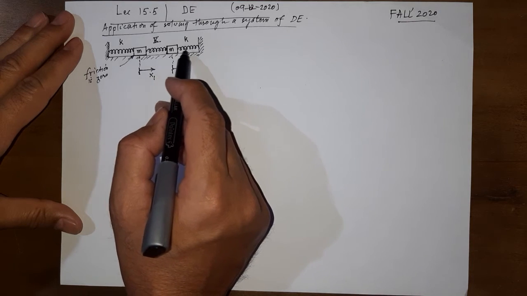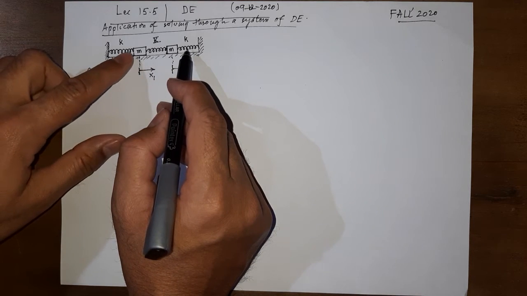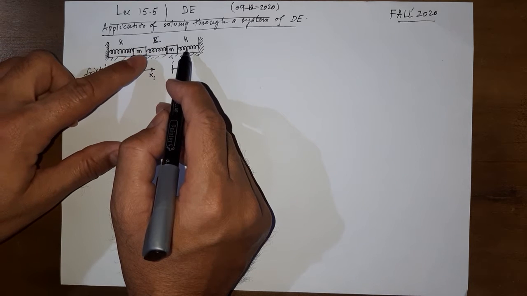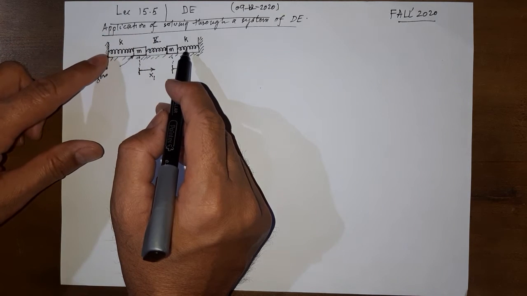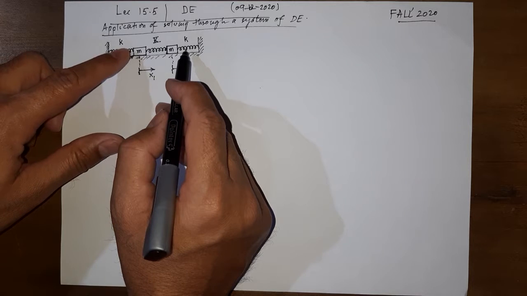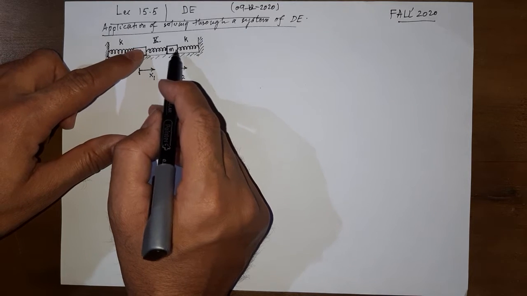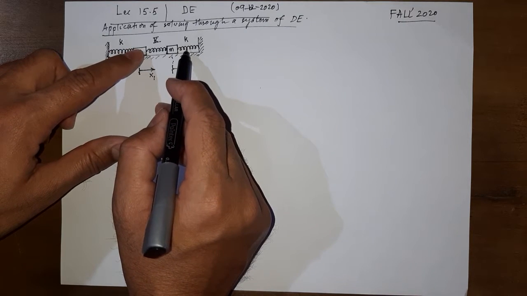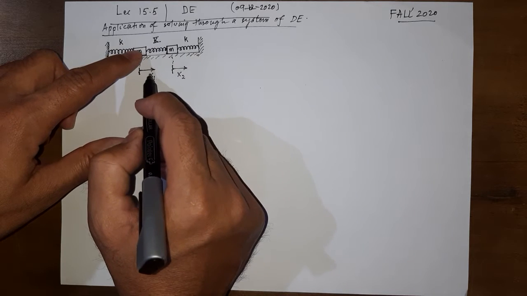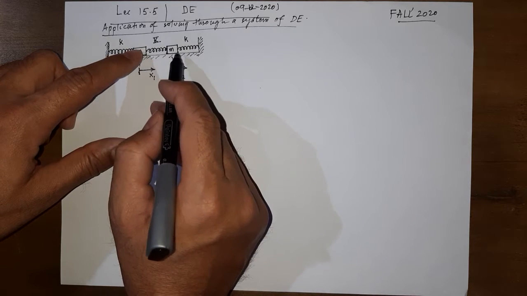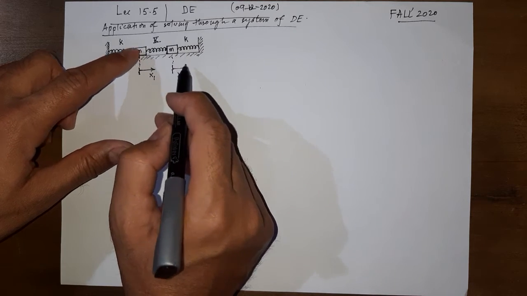So if this mass has moved this way and this mass has also moved this way, its acceleration would be different than if it would have been moved this way, or if this mass would have been here but this mass moves here, then this x1 will change based on how this x2 changes as well.